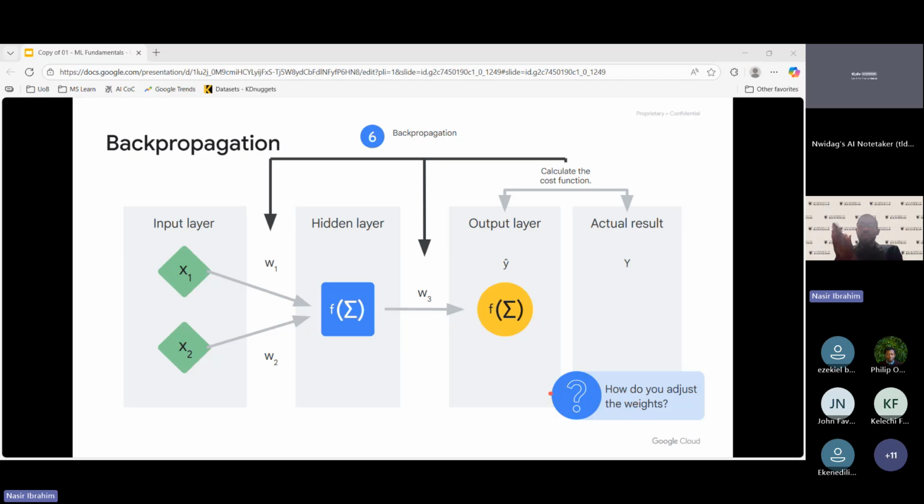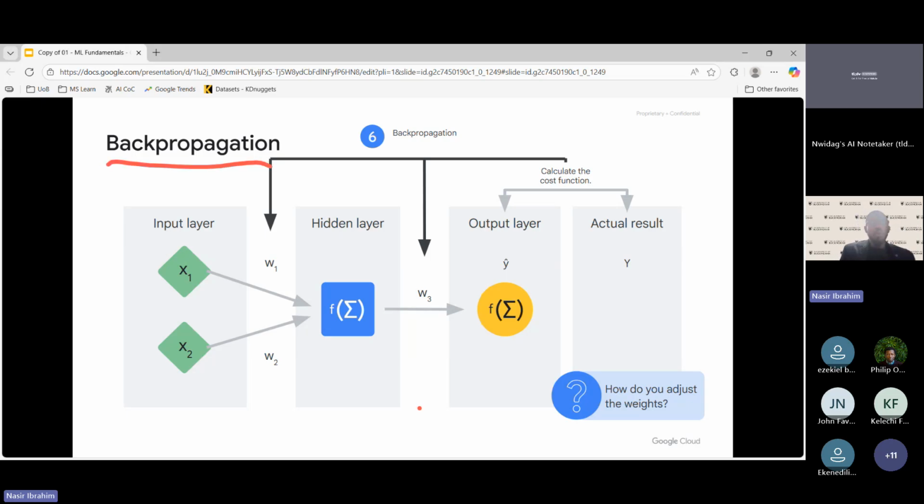So it will go back and tune the weights until it gets a better performance, meaning minimizing the cost function. Okay, so if the difference between the prediction and the actual output is significant, you can go back and adjust the weights and the biases. Okay, and this concept is called backpropagation.